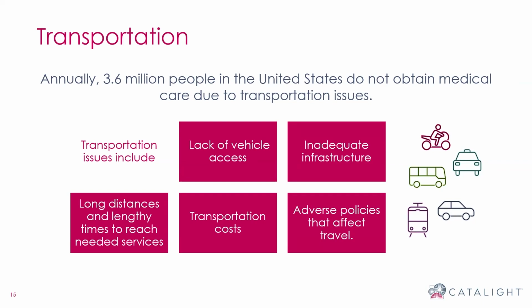Again, both for urban and rural, a lot of times it takes 2 hours to go 4 miles in a city, or it could take 2 hours to go 100 miles for those who live in rural areas. So really understanding the type of transportation issues and how we can support them through treatment. Obviously, there are costs for transportation, which can be prohibitive. And then there are policies that affect travel.